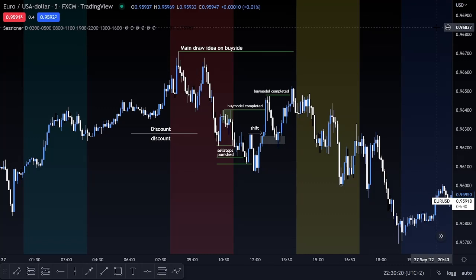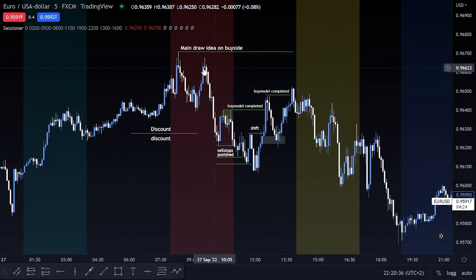When the London session today set the high of the day and created some equal highs up here, yes, I know that we are in an overall bearish market, but I had a draw on these highs because I thought they looked a little bit too clean.